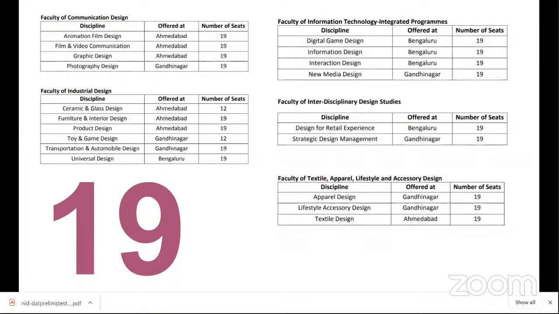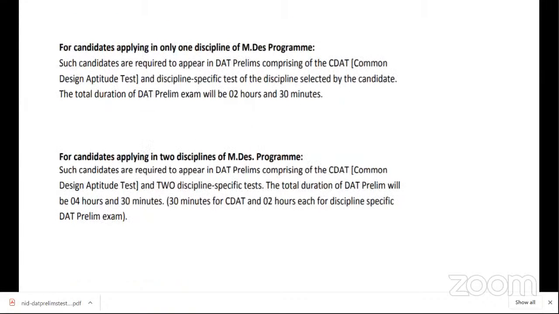In terms of how the paper is set, there is a common design aptitude test. The DAT comprises a CDAT, the common design aptitude test, which will be 30 minutes.